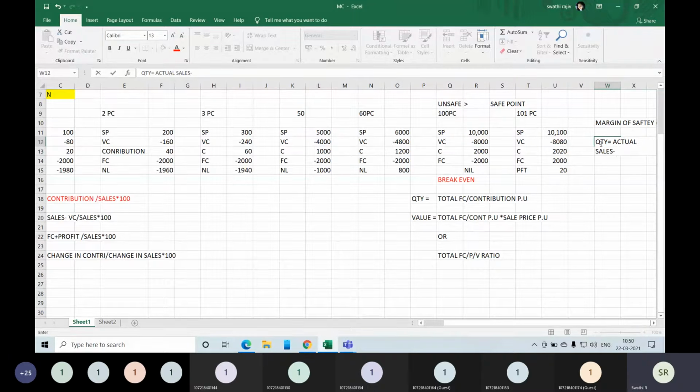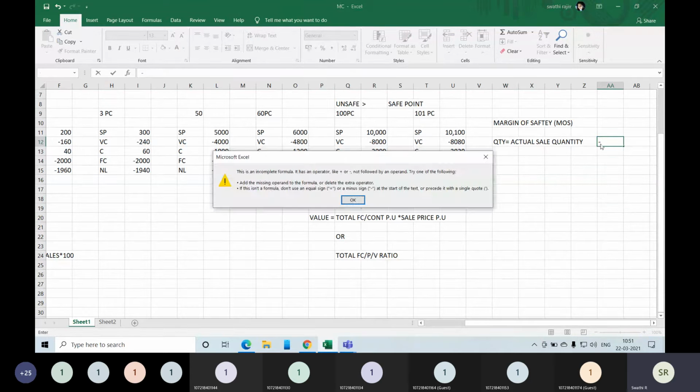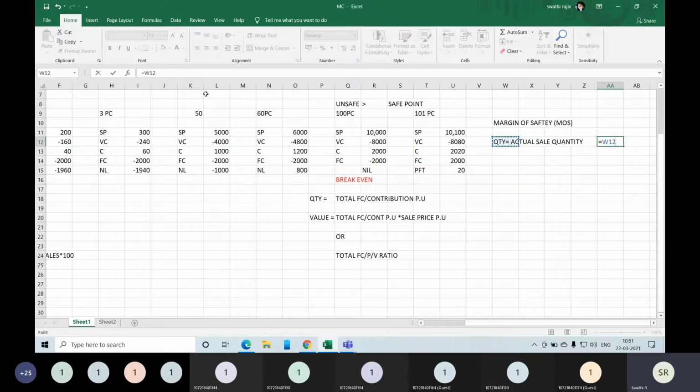Actual sale quantity minus BEP. I will just write this formula here itself.